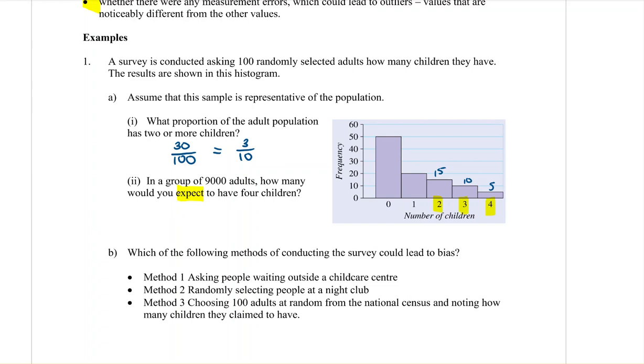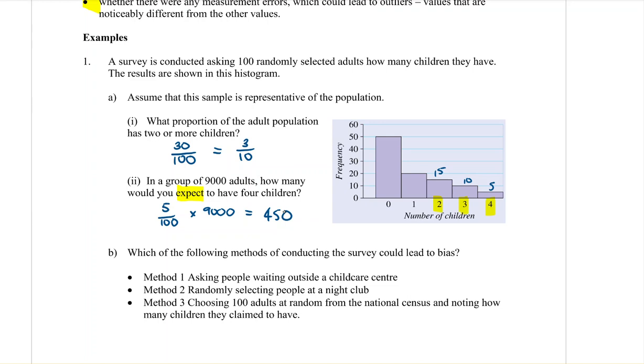So, first of all, what proportion of people have 4 children? There were 5 people out of the 100 that had 4 children. If you times that by 9,000, that would give you an estimate of how many people you would expect to have 4 children. That's 450.